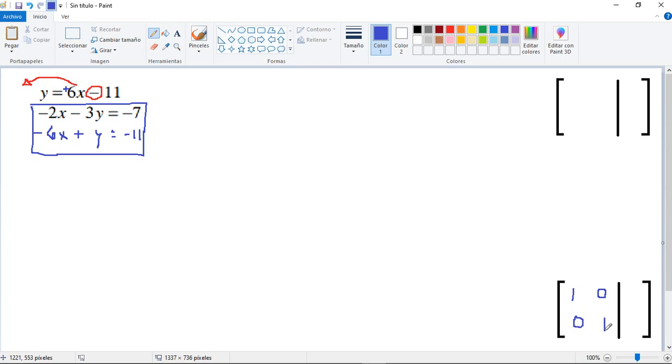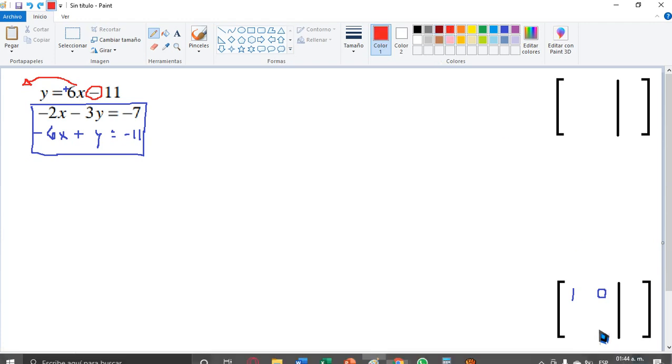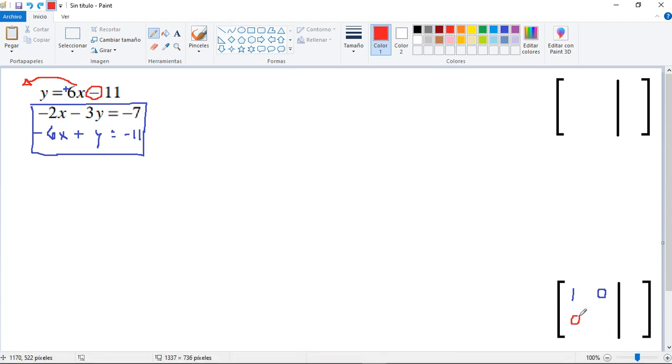Let me use a different color in the second row. So this is going to be 0 and 1. This is going to be y, and this is going to be x. I know that at this moment you're like, what? What is Mr. Zamora doing? Don't worry, I'm going to explain how we're going to win that way.